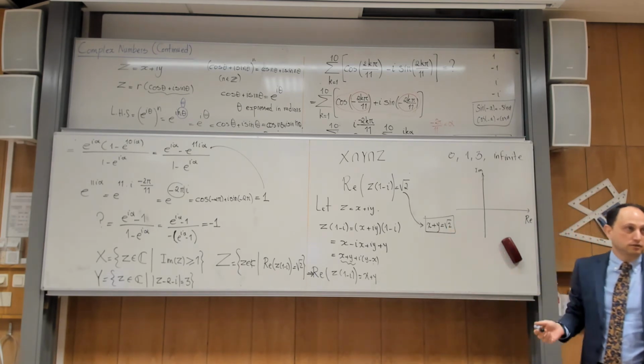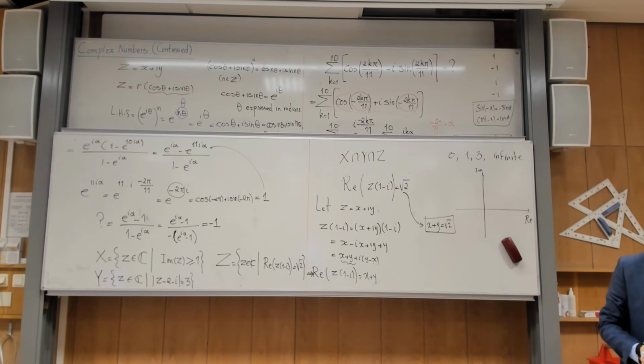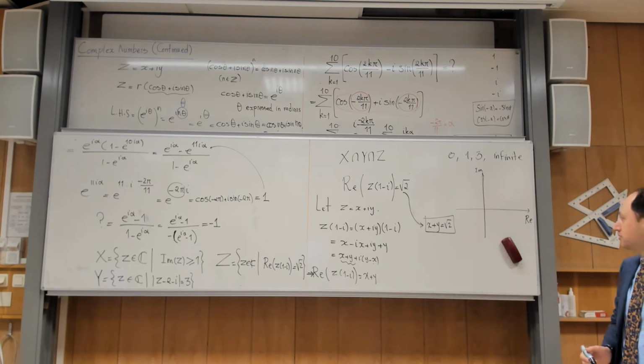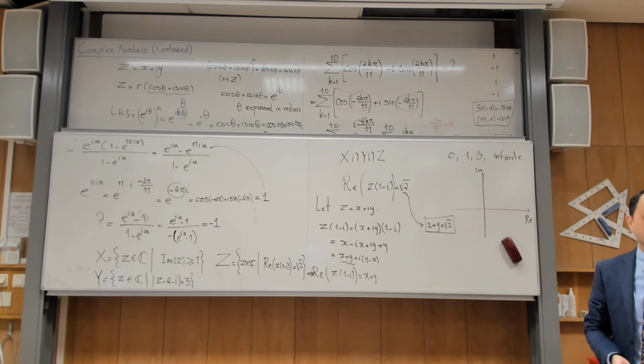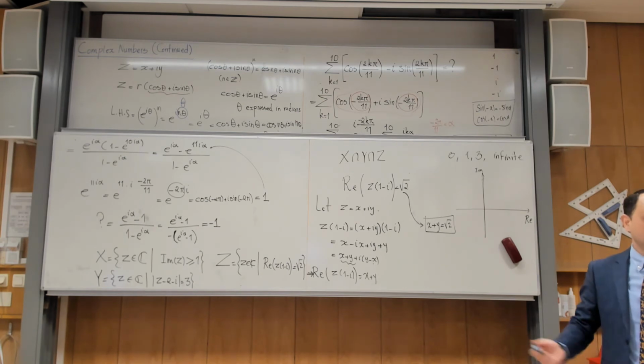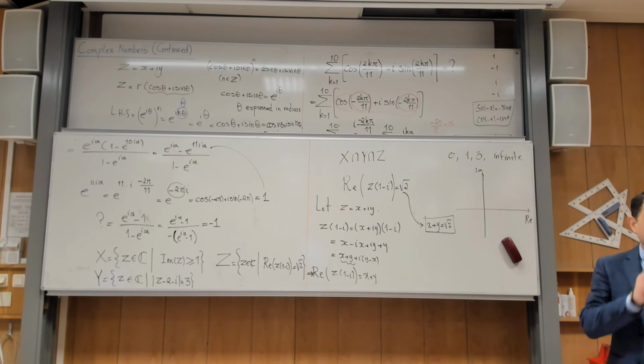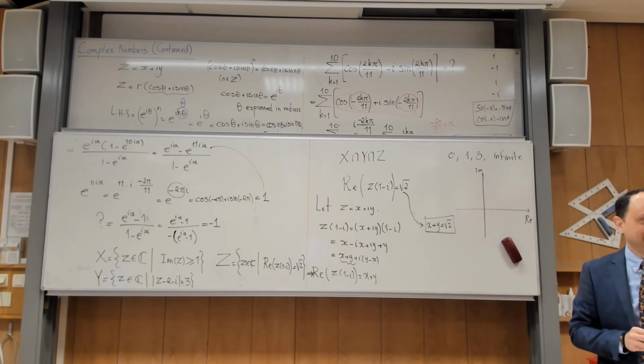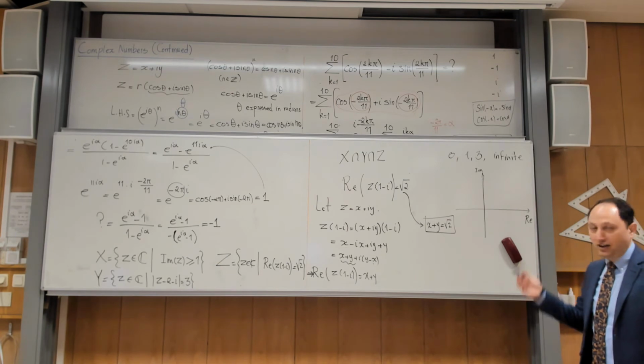At least tell me this. What is this? x plus y equals square root of 2. Is it a square? Is it a circle? What is it? It's a line, isn't it?